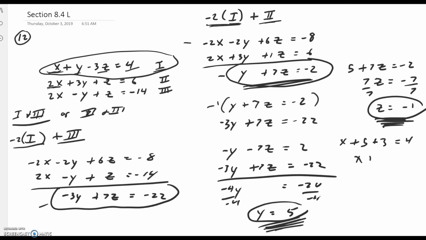And so I have x plus 8 equals 4. Subtracting 8 from both sides, I have x equals -4. So I think that the solution to this system is x is -4, y is 5, z is -1.